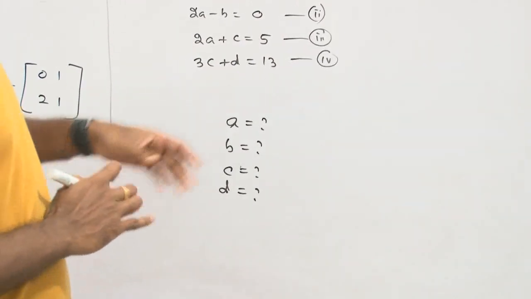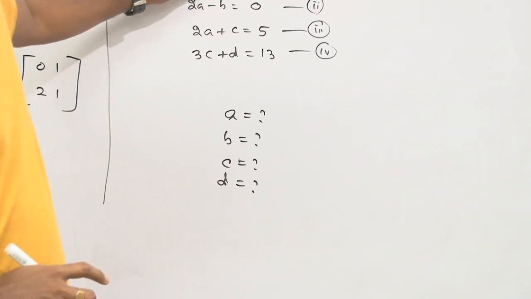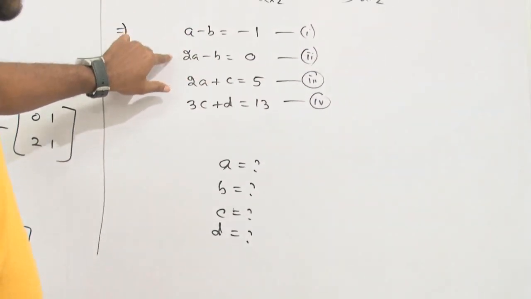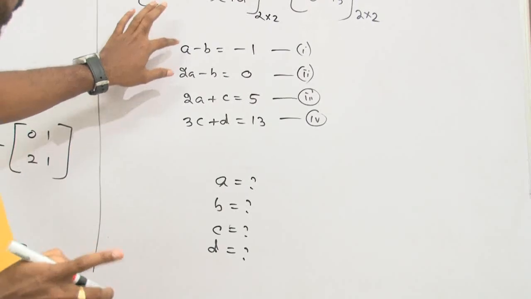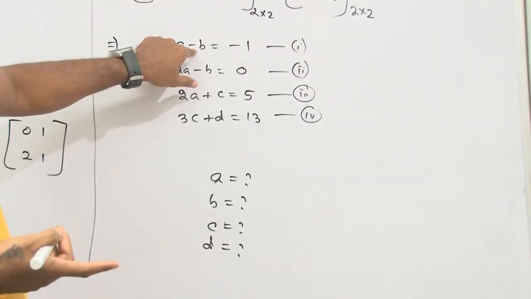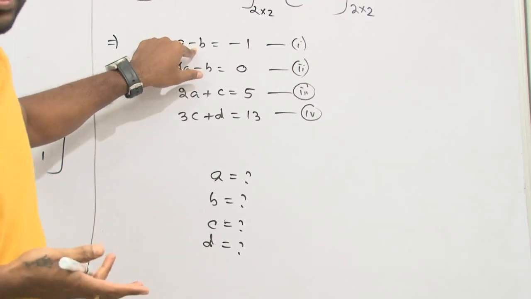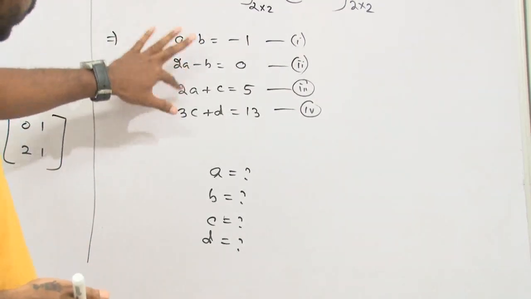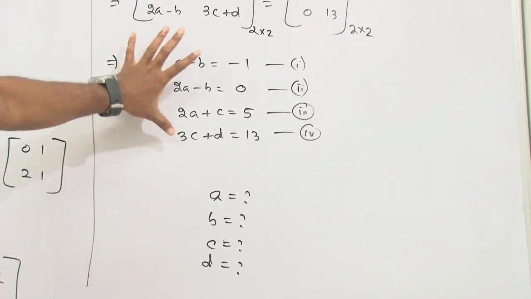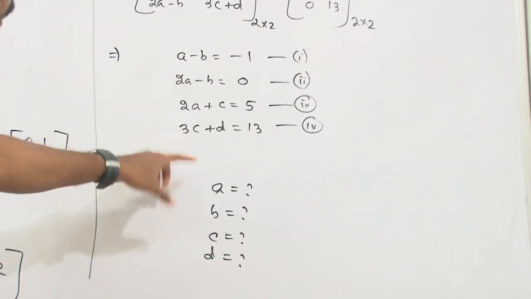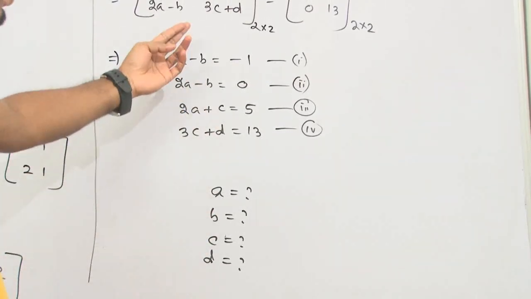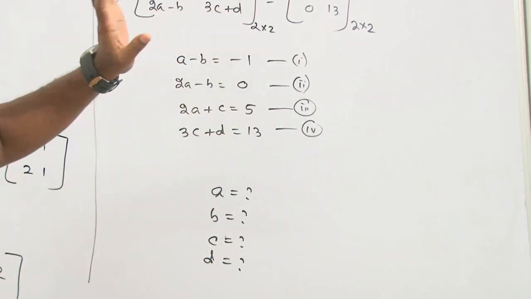If we subtract equation 1 and 2, B is cancelled, so we get the value of A. Similarly, once we find A, you put the value of A in equation 1, and then you get the value of B. Similarly, you also find the values of C and D. So it is your task to find the values of A, B, C, D from the 4 equations.